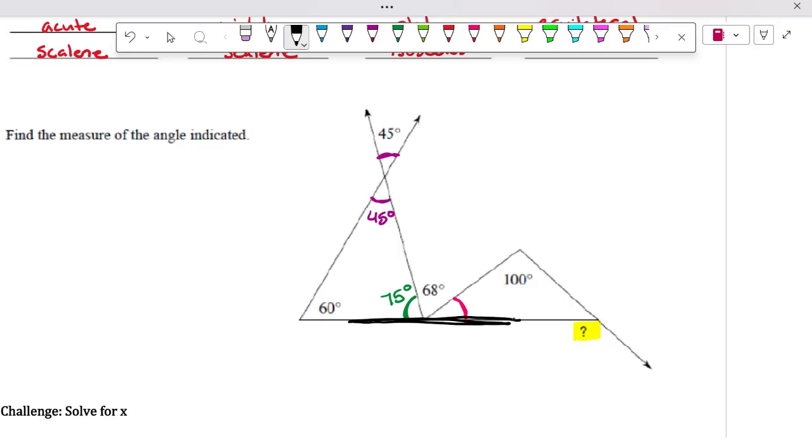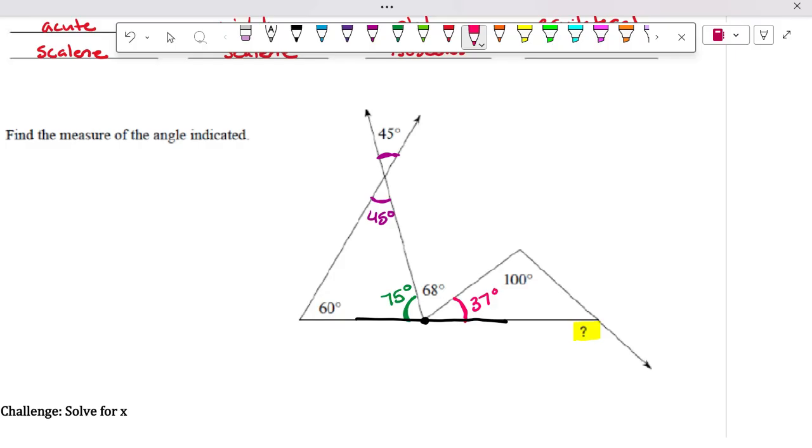If you have angles that are all on that straight line, meaning the vertex is on the straight line, they share that vertex, which they do right here. That means they're supplementary. All right, so all three of those angles together will add to 180. So if you subtract 75 and 68 from 180, you'll get the pink angle, which would be what? 37 degrees.